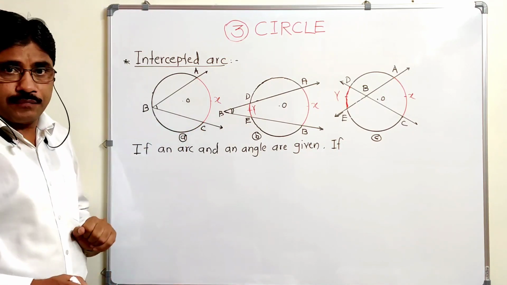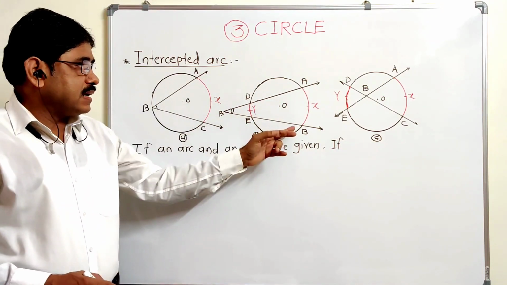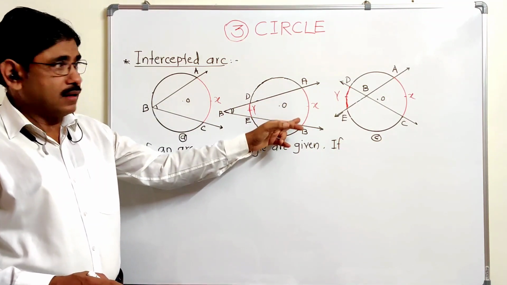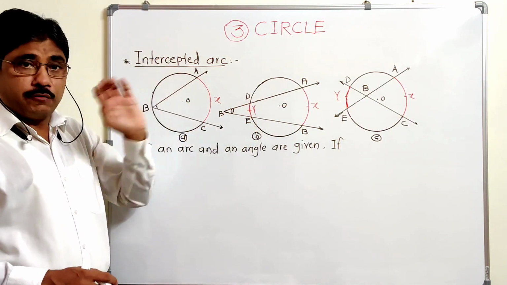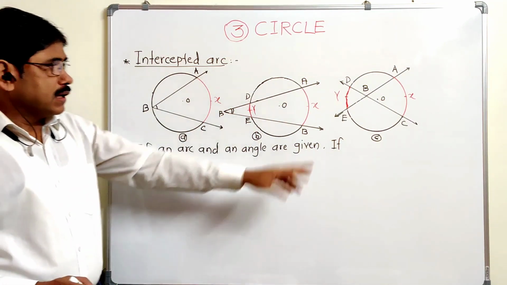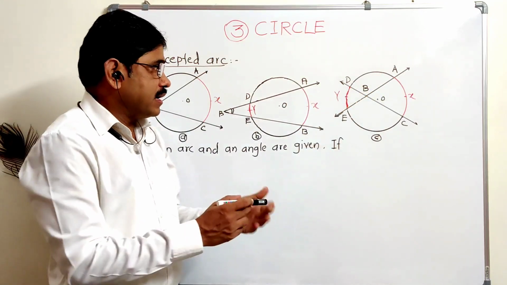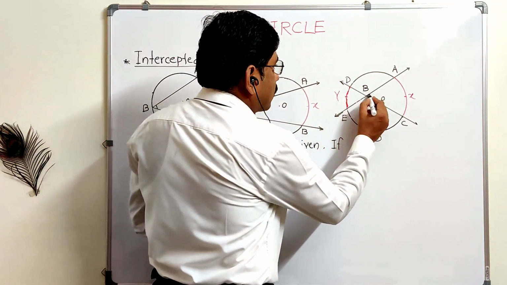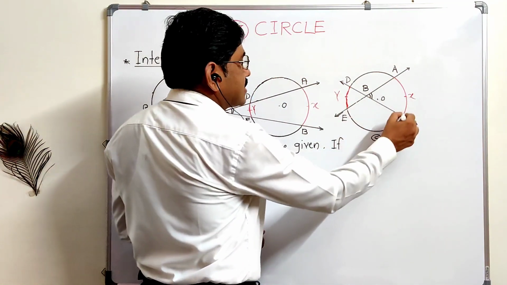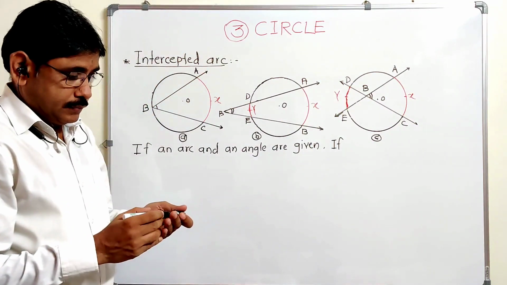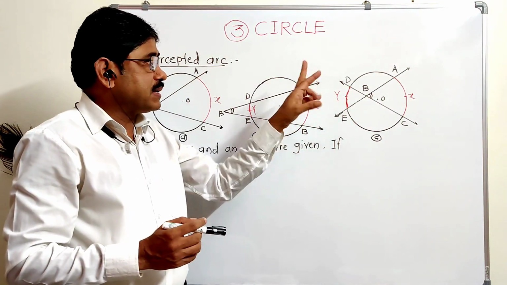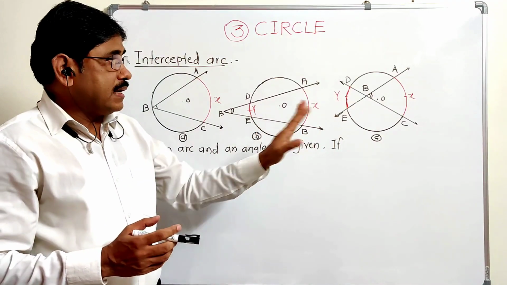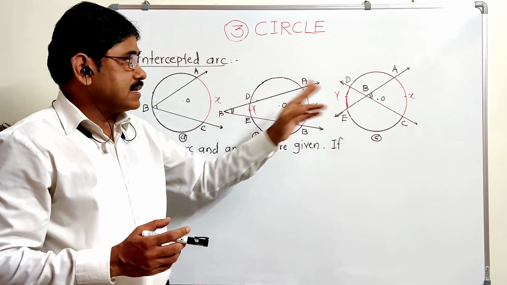Here angle ABC and two arcs are shown in red color, AXB and DYE. In this third figure, we are talking about only this angle ABC and this arc AXC. This is the arc intercepted by the vertically opposite angle of ABC, that is arc DYE.